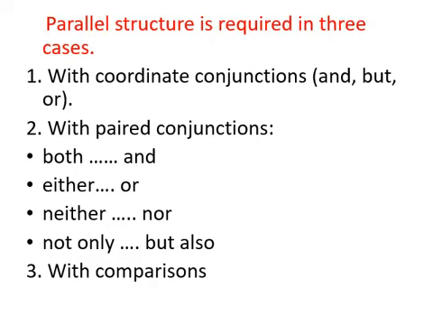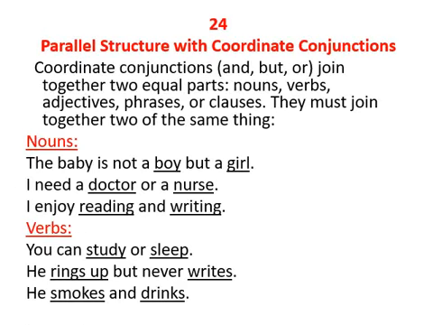With paired conjunctions, you know that pair means two. يعني that is a conjunction which is made up of 2 words. يعني لما أقول both حاجة and either برضو في حاجة في الوسط or and neither nor not only but also and with comparisons. طيب نشوف أول حاجة بقى parallel structure with coordinate conjunctions.